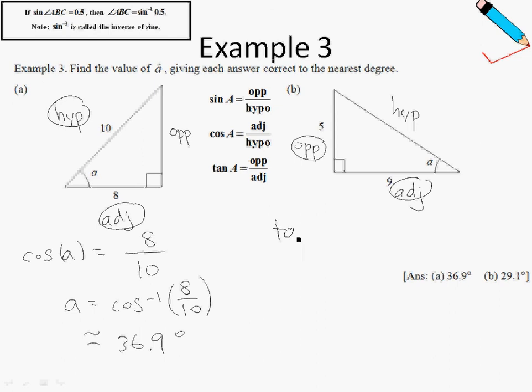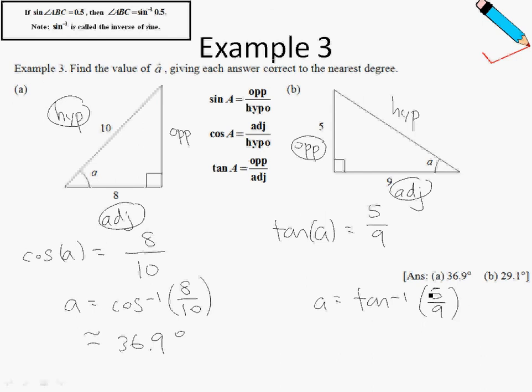So tangent of A will be opposite, which is 5, over adjacent, which is 9. To solve for A, I will take tangent inverse of 5 over 9.